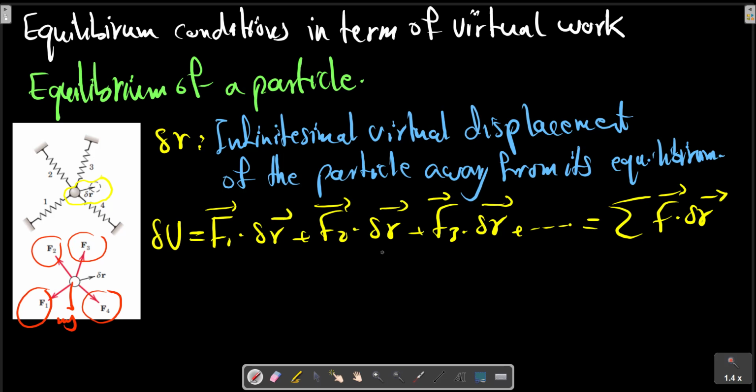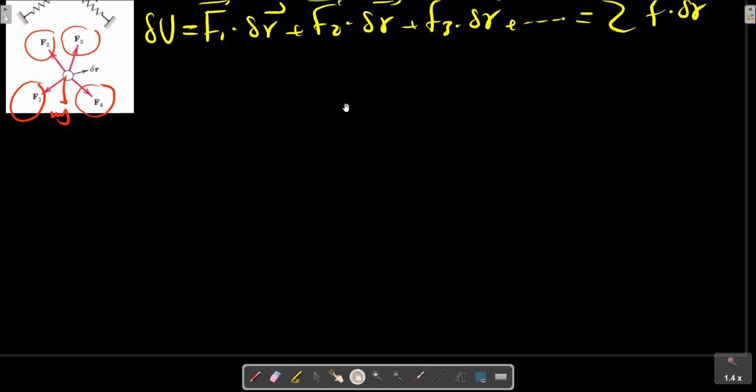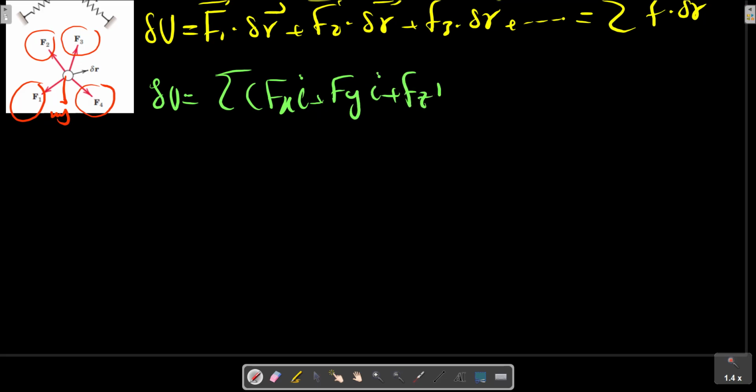We now express sigma F in terms of its scalar sums and also delta r in terms of its component virtual displacement. In the coordinates, we have this relation: delta U equals sigma F, Fx i plus Fy j plus Fz k, dot delta x i plus delta y j plus delta z k.